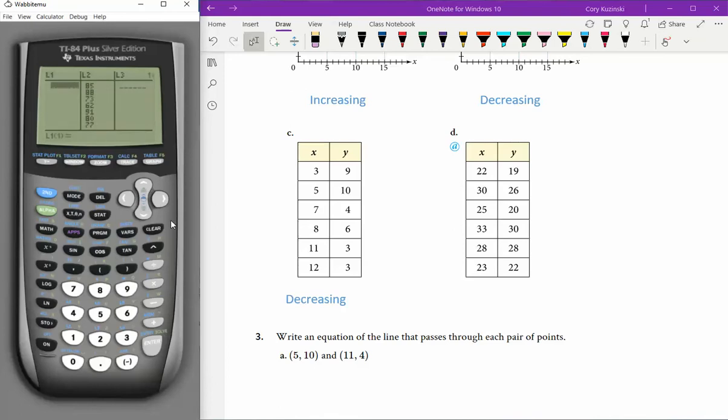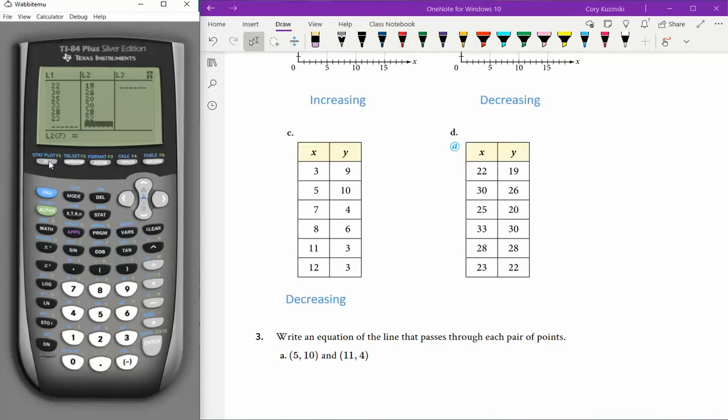So we'll clear list 1, put this data in. We've got all our data in for list 1. Put list 2 in, our y values, 26, 20 and 30, 28, 22.